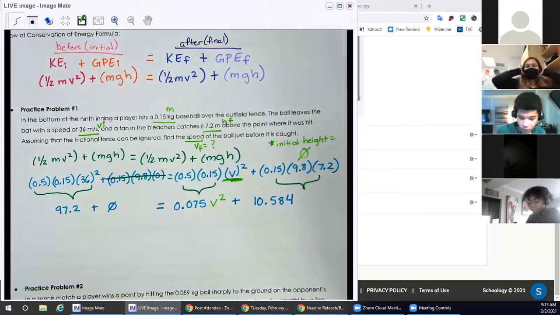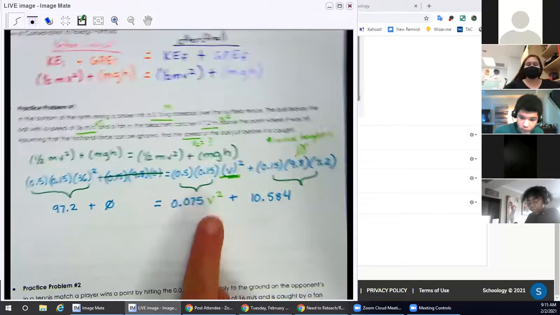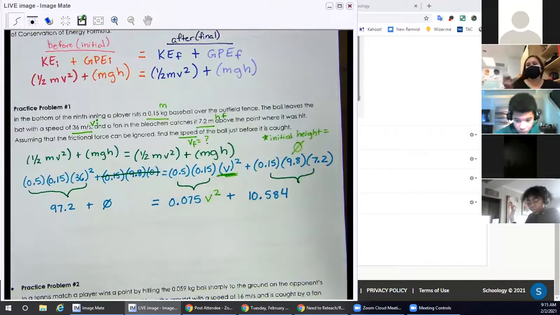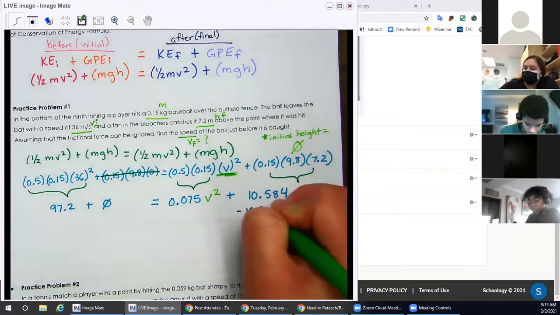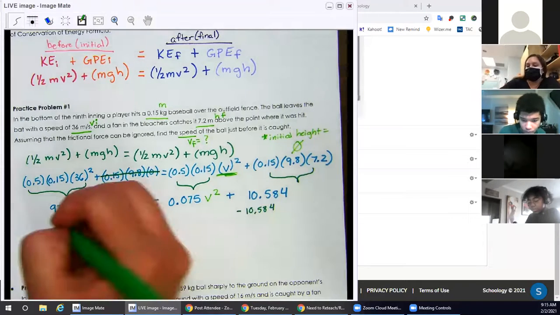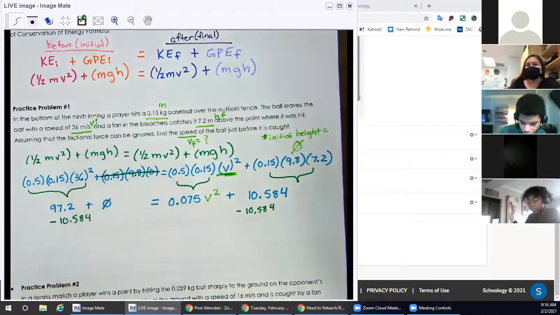And now I'm going to keep doing my algebra. I need to isolate my variable. I need to get v squared alone, but first I need to get rid of this 10.584. Since it's being added, I'm going to subtract. I'm going to do the opposite. And what I do to one side, you have to do to the other side. Those are the rules of algebra.